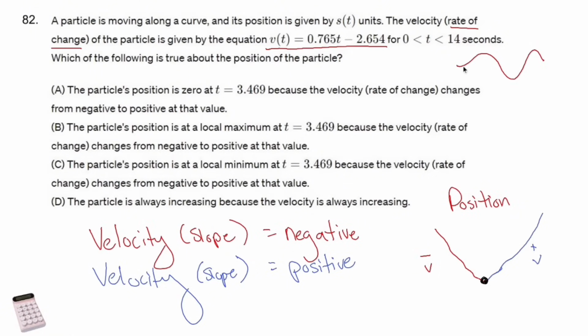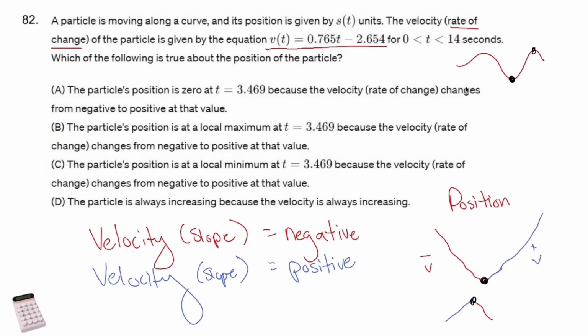If the particle's moving along at a position, that's what happens when your velocity or slope changes from negative to positive. Similarly, if our velocity goes from positive and then all of a sudden changes to negative, we have ourselves a local maximum.